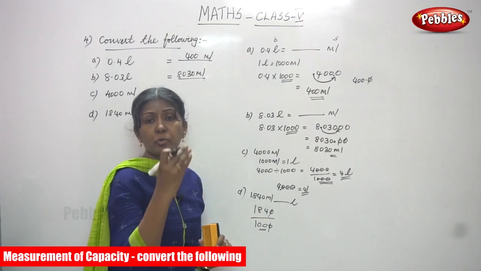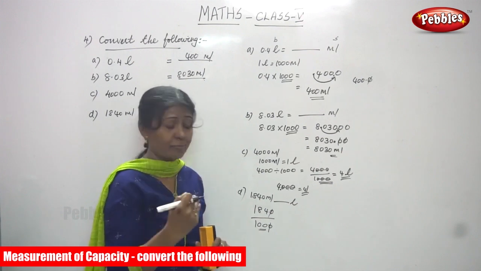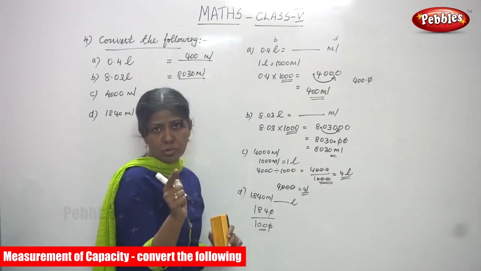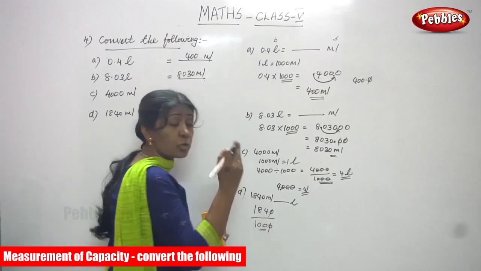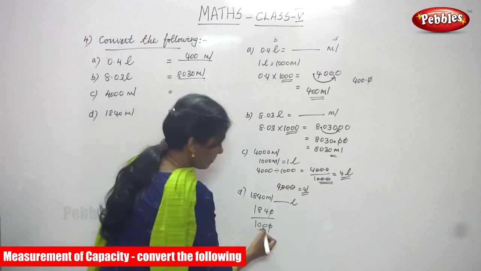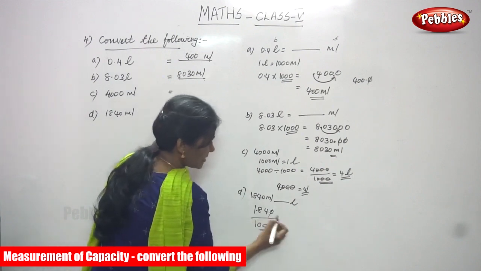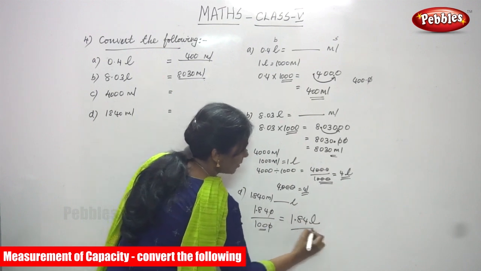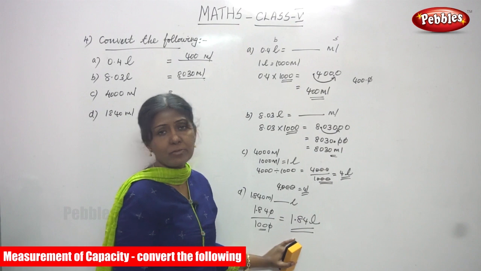So you have to move 3 decimal places to the left. In such a case, if you cancel the zeros, how many zeros in 100? Only 2 zeros. So you have to move 2 decimal places to the left. So that means 1, 2. The point is here. So 1.84 liter. This is the right answer for the question.